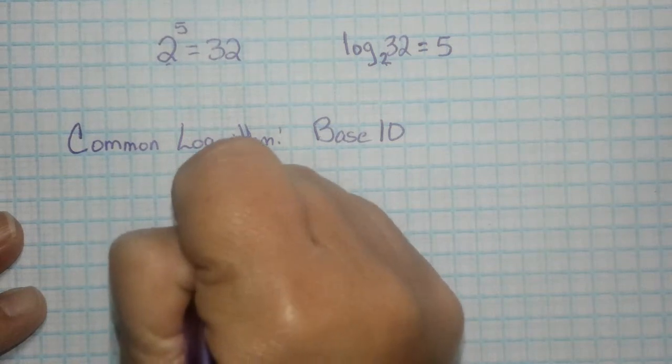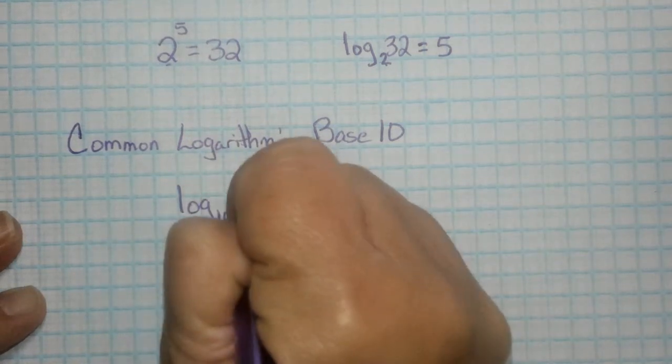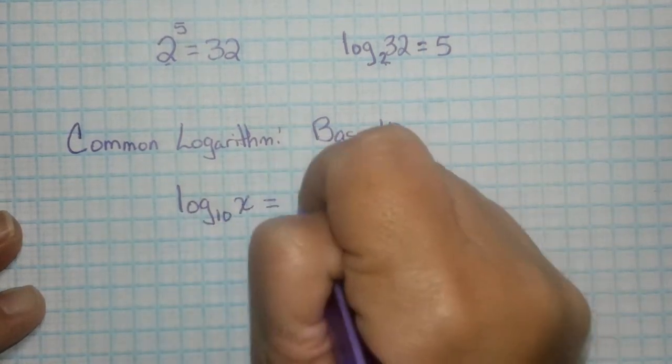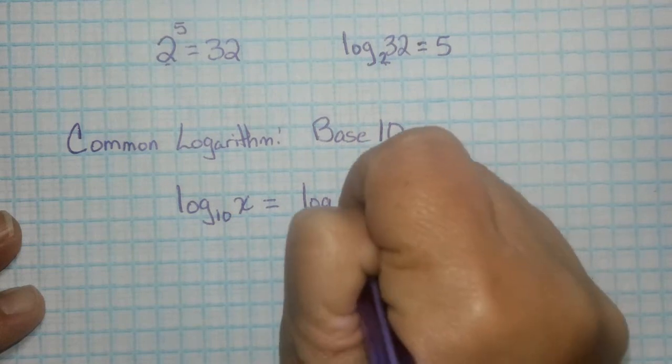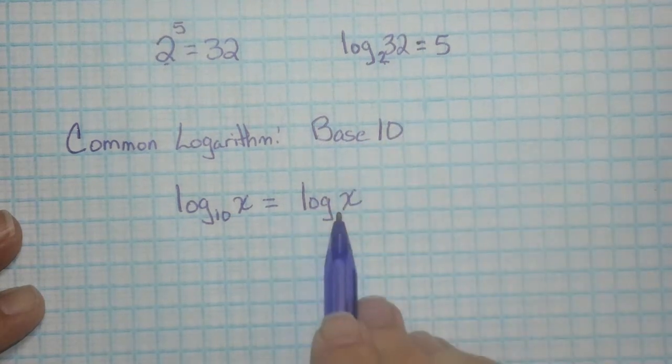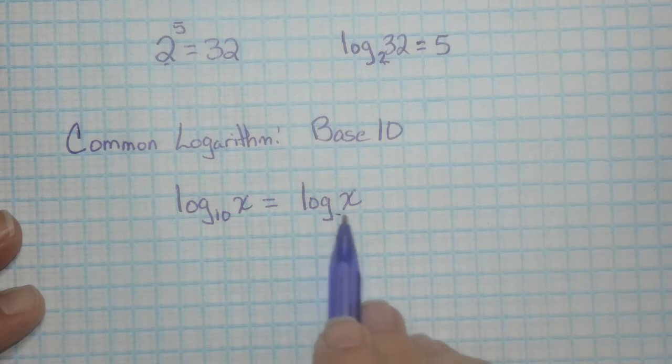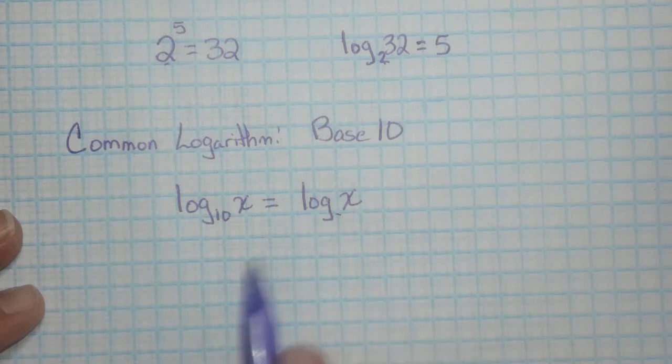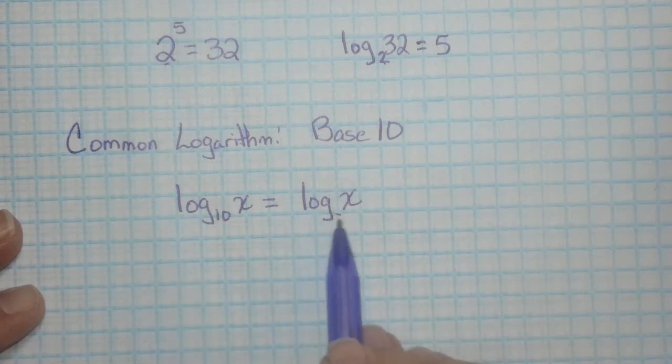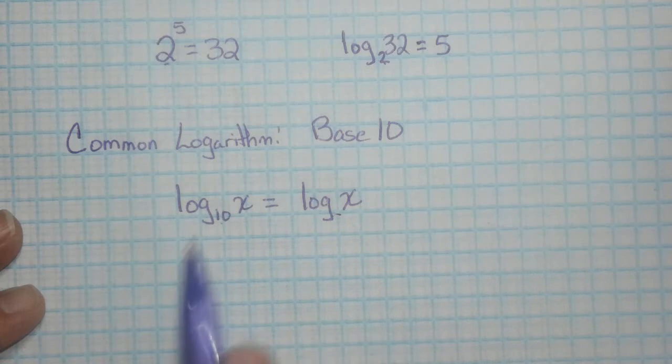So log base 10 of x is often just written as the log of x. So when there's no base there, and you're like, Miss Collier, the base is missing, it's understood to be base 10. So the common logarithm is base 10. You don't see a base written there, it means base 10.